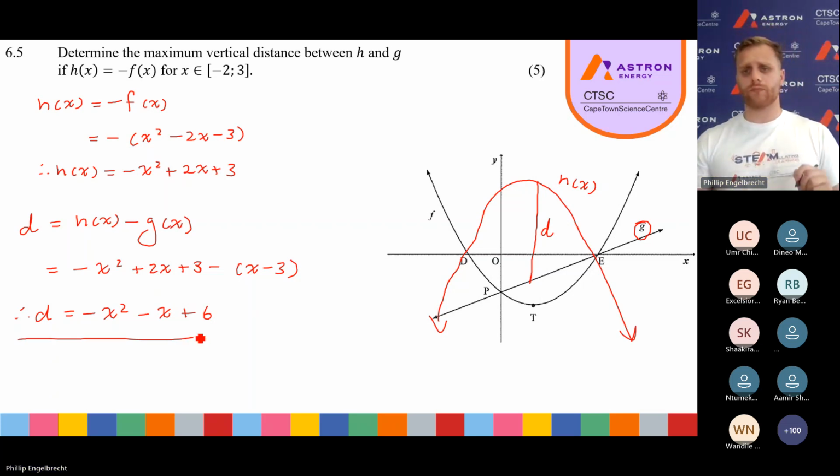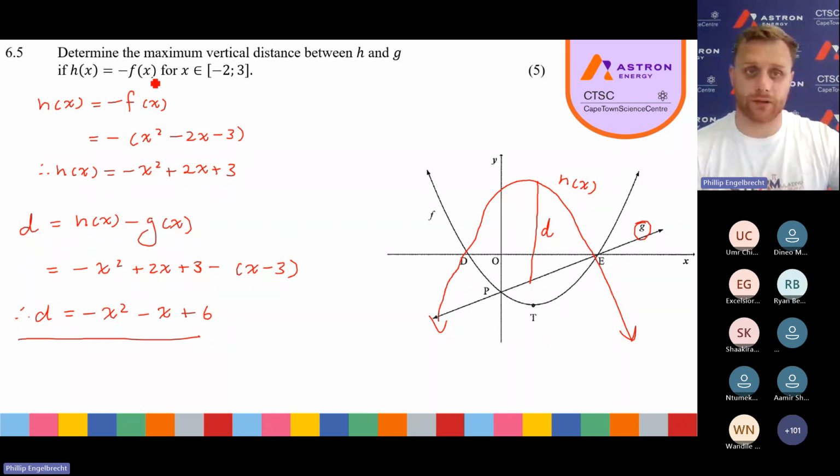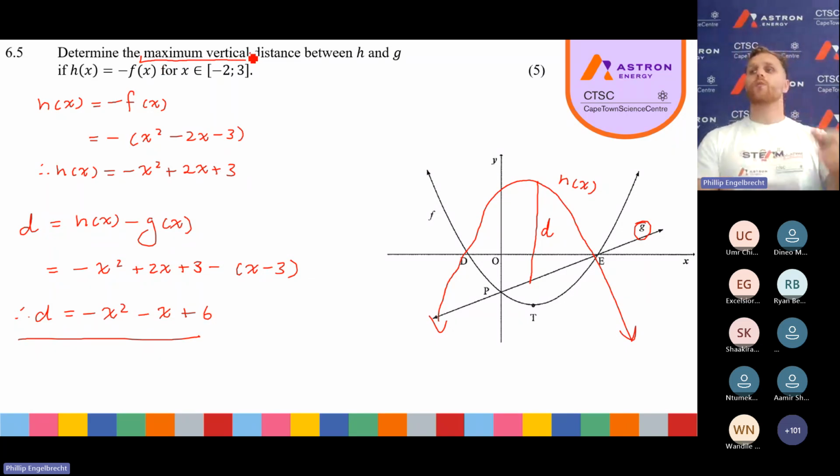Bam. Okay. Now, what can I do now? What's the question asking? The question is asking for the maximum distance, the maximum vertical distance. I want to know what is the greatest vertical distance. And what have I done so far?